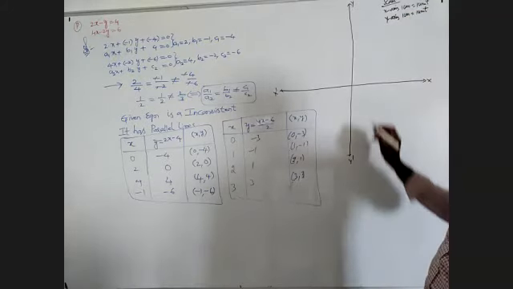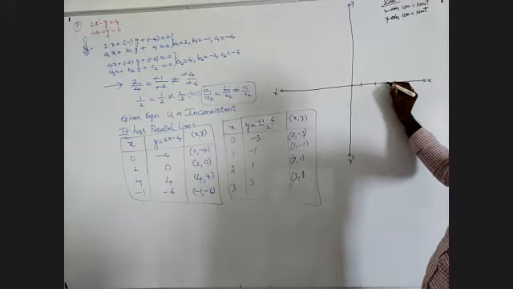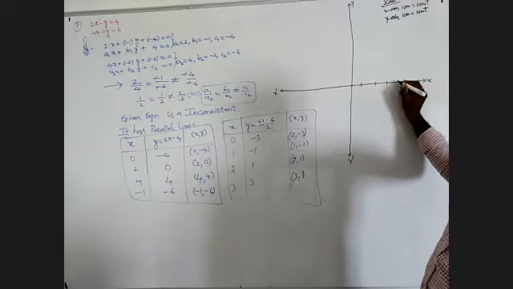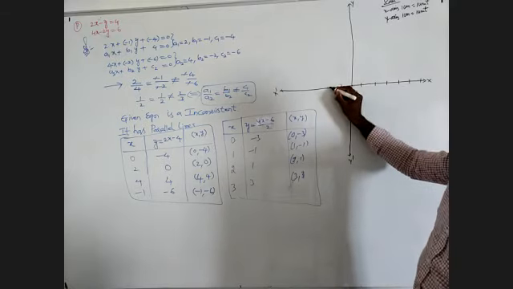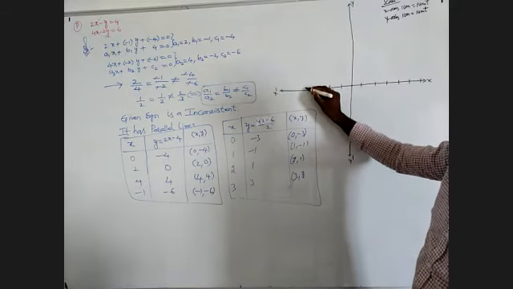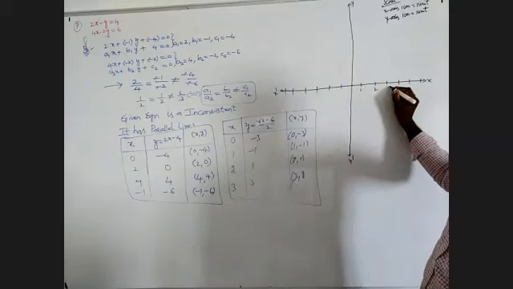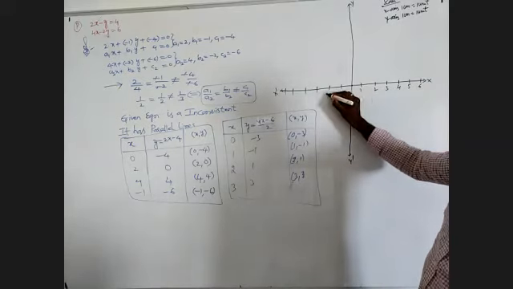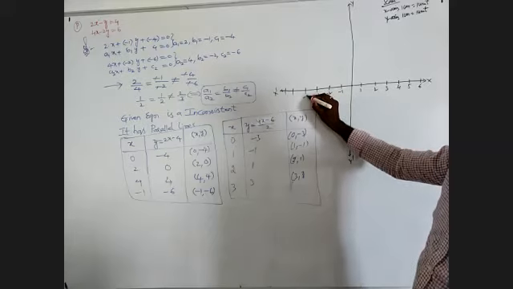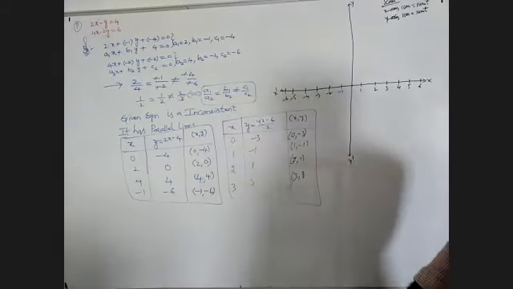How to plot the points? This is 0 comma 0, 1, 2, 3, 4, 5, 6. This is minus 1, minus 2, minus 3, minus 4, minus 5, minus 6. We have to plot 1, 2, 3, 4, 5, 6, and also minus 1, minus 2, minus 3, minus 4, minus 5 and minus 6.